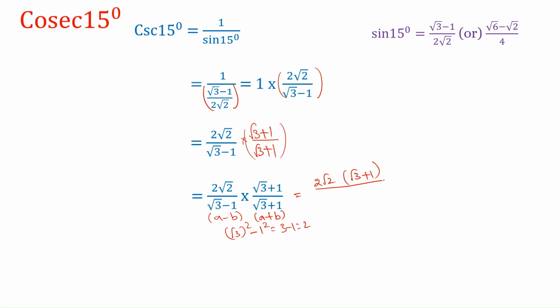So this entire term on 2. 2 and 2 will get cancelled out and we will have the remaining value root 3 plus 1 into root 2. Multiplying we get root 6 plus root 2. So either we can use this root 6 plus root 2 or 2 root 2 upon root 3 minus 1.